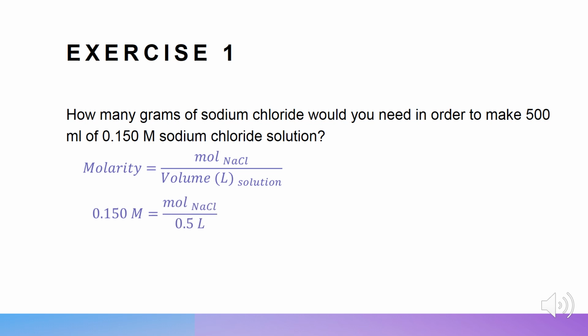This will give the number of moles of sodium chloride equal to 0.075 mole. Thus, the mass of NaCl is 0.075 mole multiplied by the molar mass of sodium chloride, 58.5 gram per mole, which will give 4.4 gram.